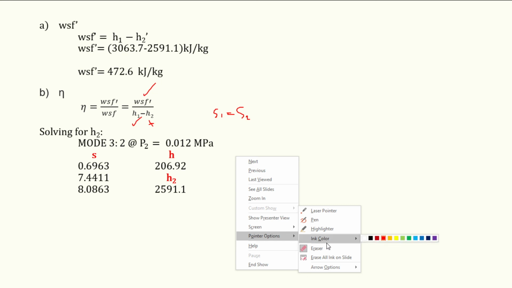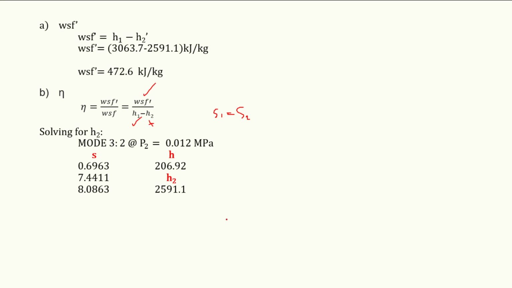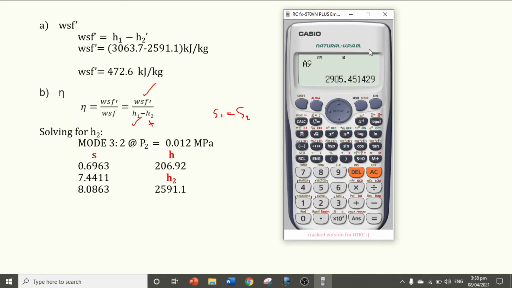Then, HF natin is 206.92. Then, HG is 2591.1. So, interpolate natin, mode 32.